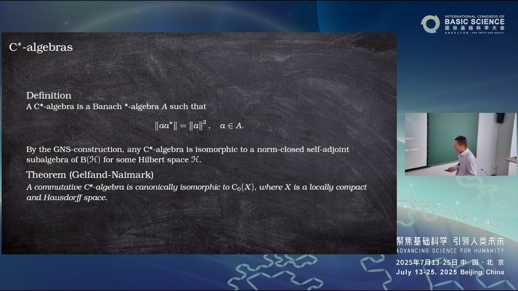So a commutative C-star algebra is basically talking about some locally compact Hausdorff topological space. And in general, a C-star algebra might not be commutative. So a slogan is that C-star algebras are basically non-commutative topological spaces, because in the commutative case, that's exactly the topological space you are talking about. So this is a C-star algebra.